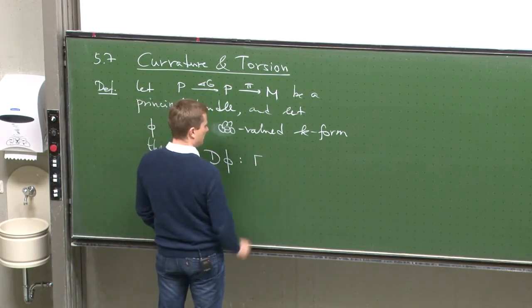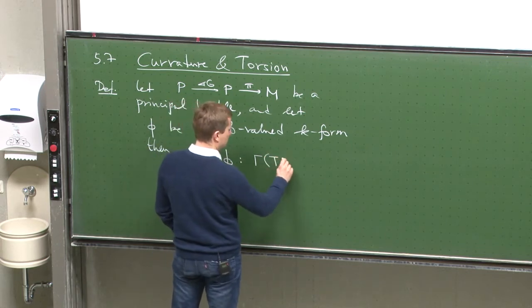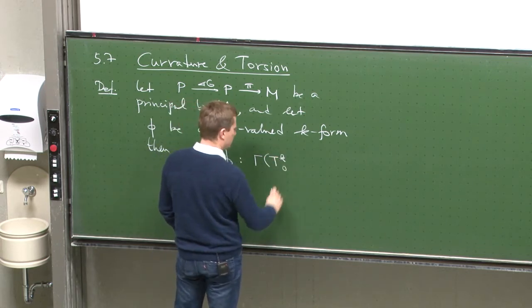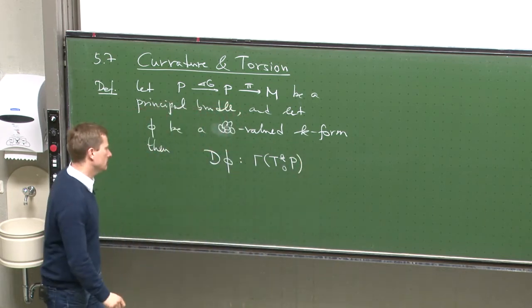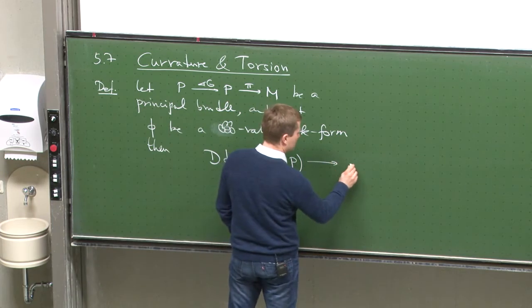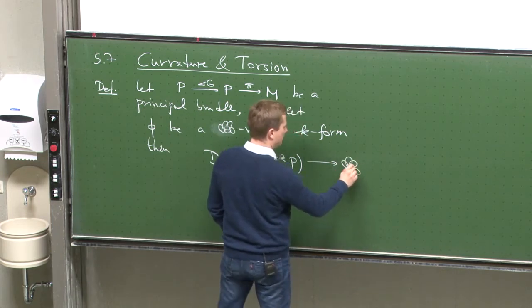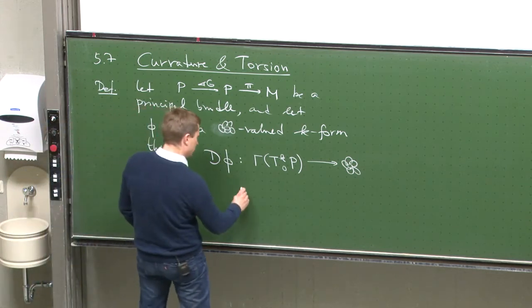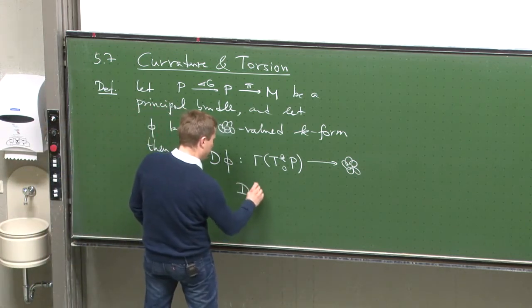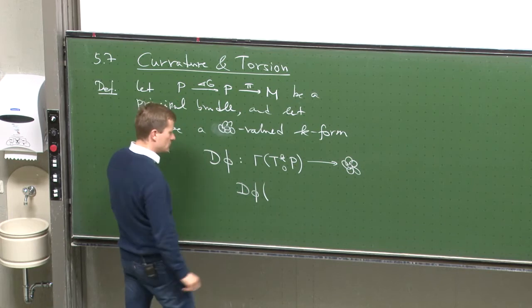So it actually takes K vectors here on the principal bundle, and it maps to, well, whatever it is. It maps to the flower space, and it's defined particularly simply as d phi as a K plus 1 form.